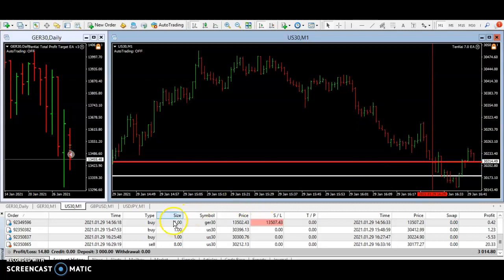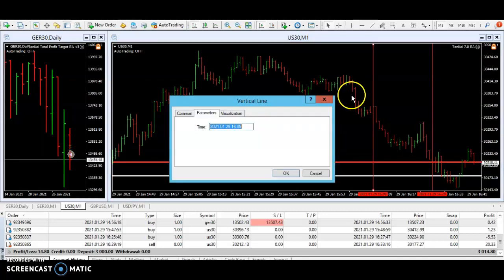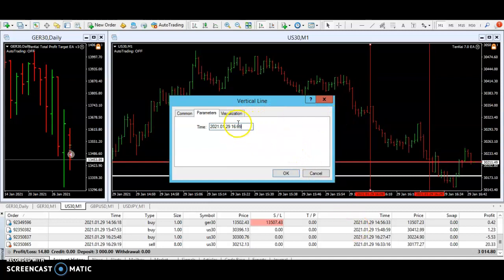Now, what was I doing? Don't want to run out of time here. Where we got out. So let's put a vertical white line to show where we got out. You can always check this video out again. Click here, double click, right click, vertical line properties. The time we got out was 16:33 and 16 seconds.